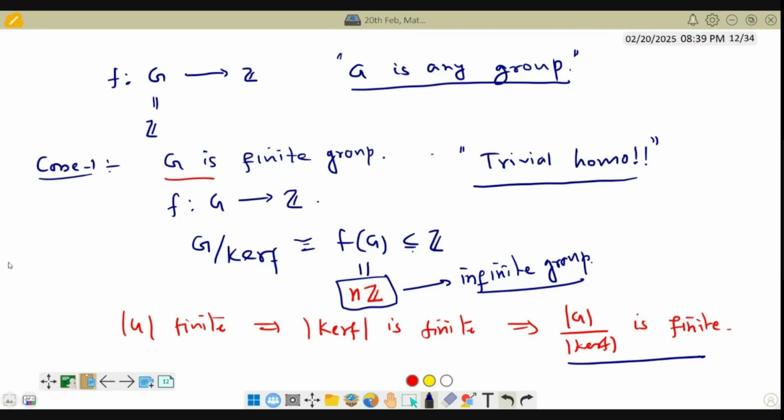But for the infinite case, if your G is infinite, what will you do? How will you prove it? Any input from your side? See, here you can see that if G is cyclic, if G is Z, then you have infinitely many homomorphisms, right?